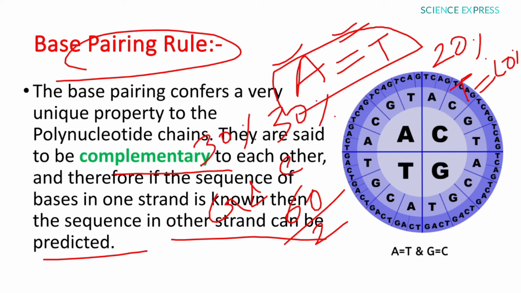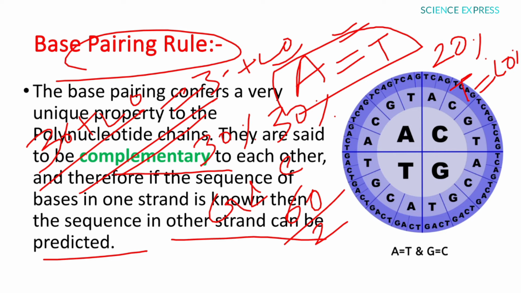So the total amount of purine, for example 30 plus 20, equals the total amount of pyrimidine, 30 plus 20. So the base pairing rule is that the total amount of adenine equals the total amount of thymine, and the total amount of guanine equals the total amount of cytosine.